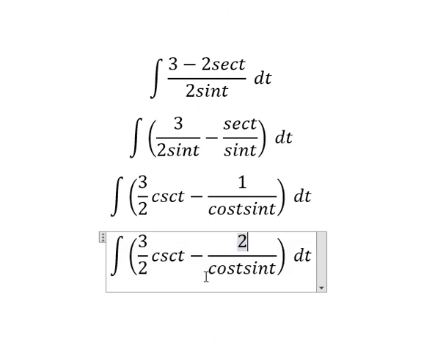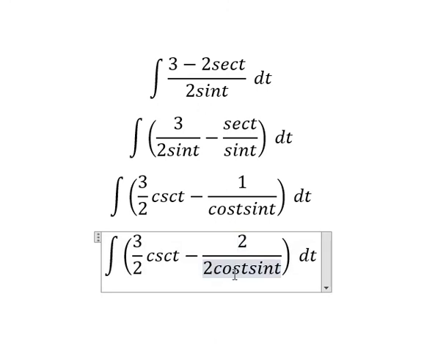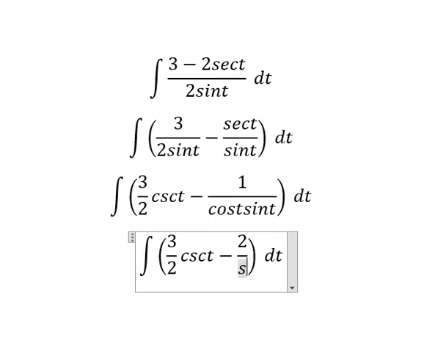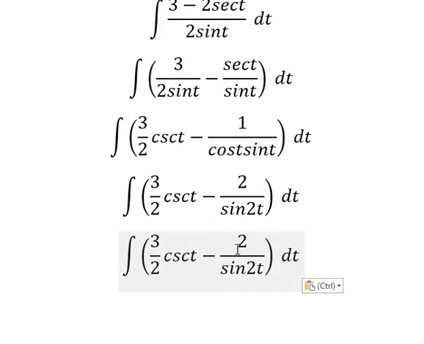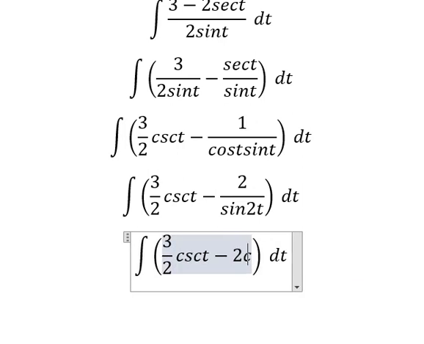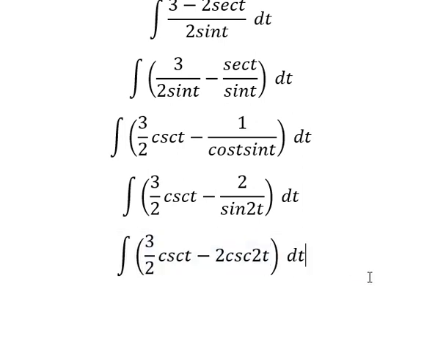So I will put number 2 and number 2 in here because I want to change into sine 2t. And then we have 2 cosecant of 2t.